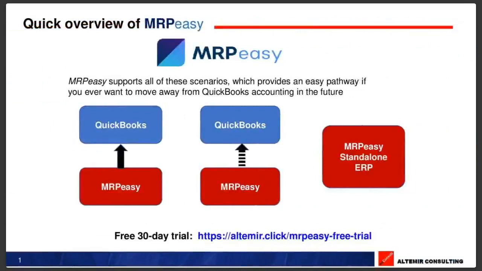So now I'm going to give you a very brief tour of MRPeasy. As I said, it's my favorite manufacturing ERP package for small businesses. It's cloud-based. It's compatible with QuickBooks. It has interfaces for e-commerce shopping carts. It's very easy to use, very intuitive, and has a lot of features that the company is always expanding.